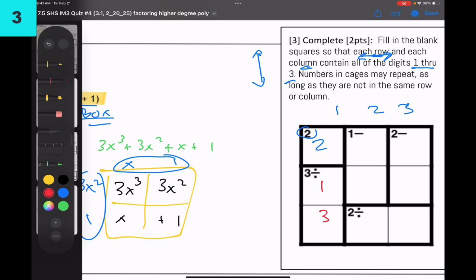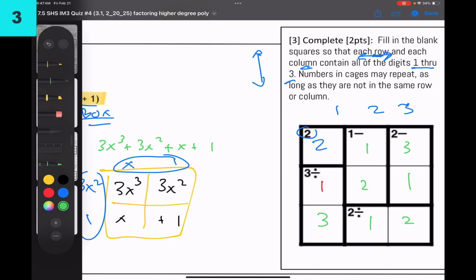3 divided by 1 is 3. And then I can do this one as 2 and 1. Let's see what happens. I know I can't do that because I need 3 and 1 there. So let's switch those. And then I have some repeating numbers there too.